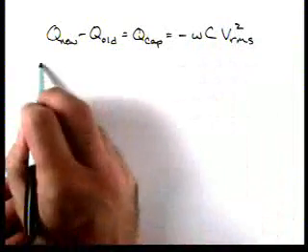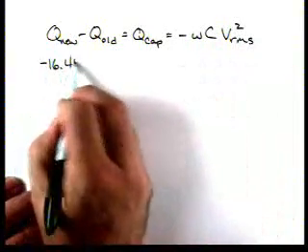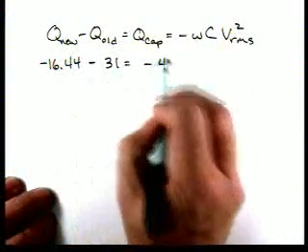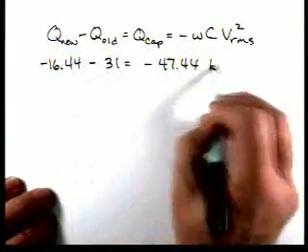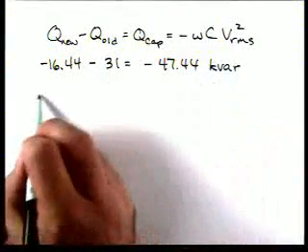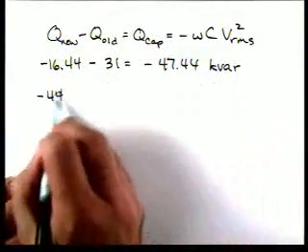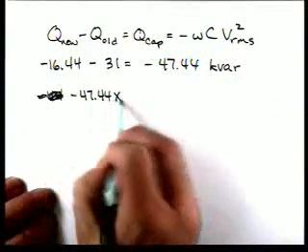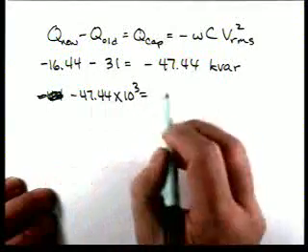So we have minus 16.44 minus 31 is minus 47.44 kilovars. So now we have minus 47.44 times 10 to the third.